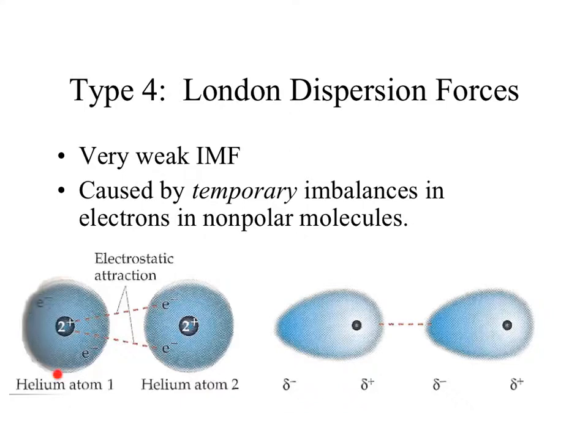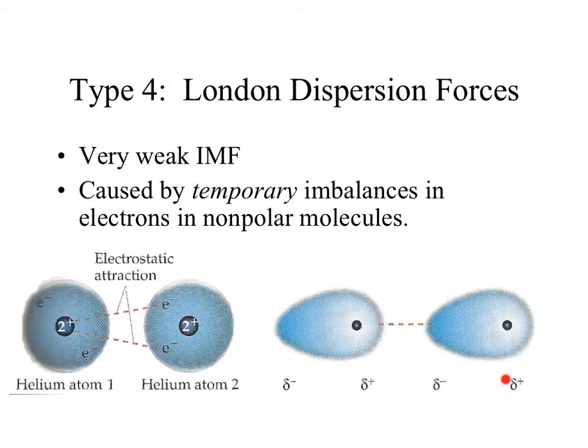So here we have helium. So you can imagine liquid helium, perhaps. And as helium is just hanging out, just because electrons are moving, there will be times when these electrons are just kind of over here. And so the positive charge from the nucleus kind of pulls on these electrons over here and then leaves this side kind of positive, and then that can pull on the electrons over here.